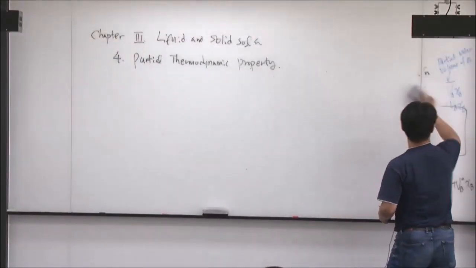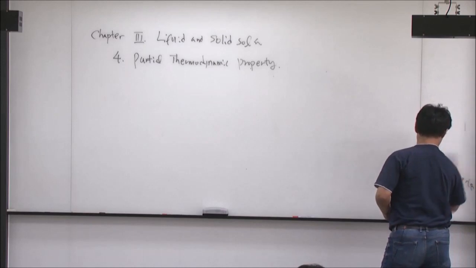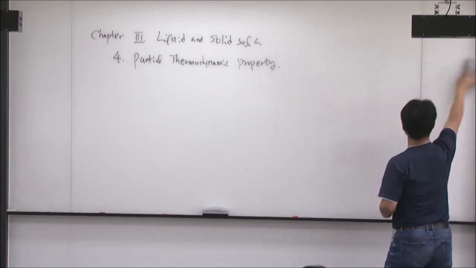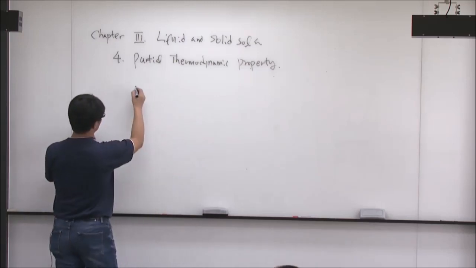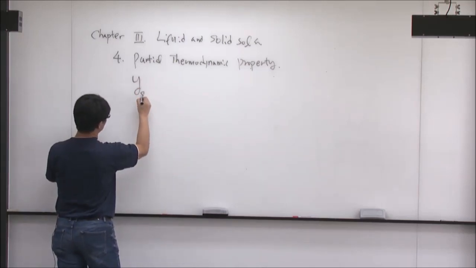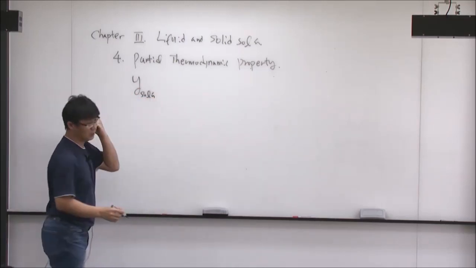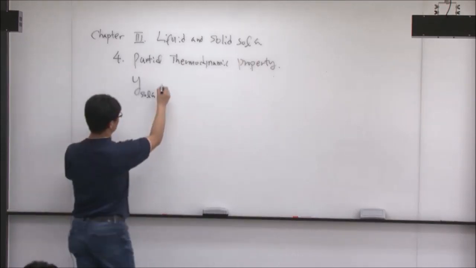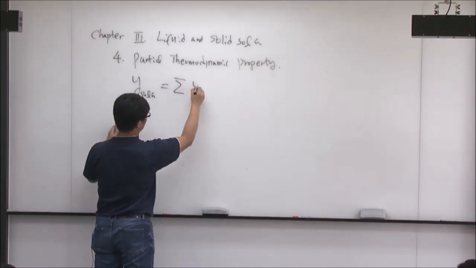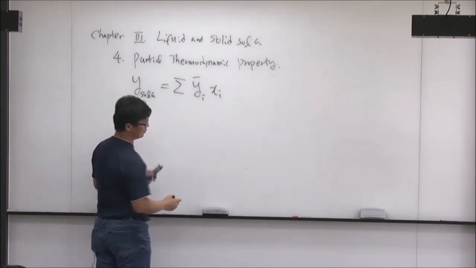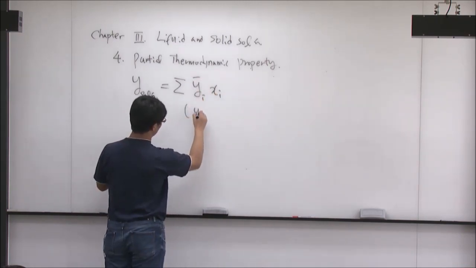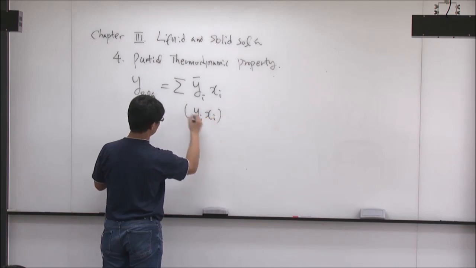So if I generalize this one, it is like this. Y of solution, as I mentioned, the total thermodynamic property of the solution, is the sum of yi xi. If you like, you can put it this way, or you can say yi xi, same thing.